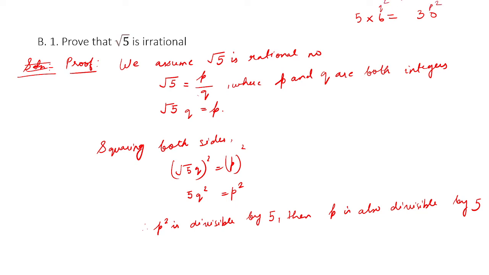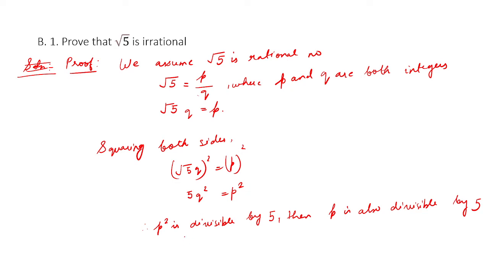So p square is divisible by 5, so 30 is divisible by 5, yes or no? Same thing, p is also divisible by 5. That's not the best explanation, it's quite difficult to come up with an example, but I hope you're understanding, okay. 5 into something is equal to p square.